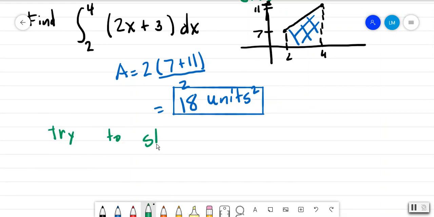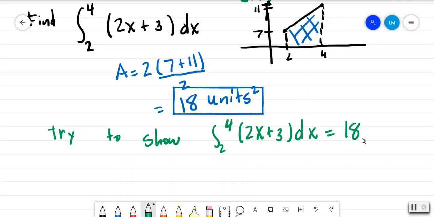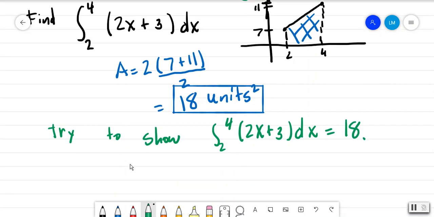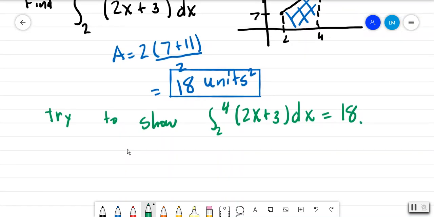Now, I would recommend that you try to show that the integral from 2 to 4 of 2x plus 3 dx is equal to 18. But that's using that method, for instance.